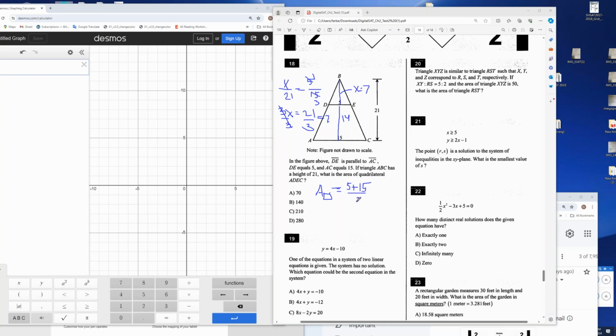Divide by 2 and multiply by 14. 20 divided by 2 is 10. 10 times 14, 140. Okay, good. So far, so good? Good. This was number 18. Also, all of them not difficult.